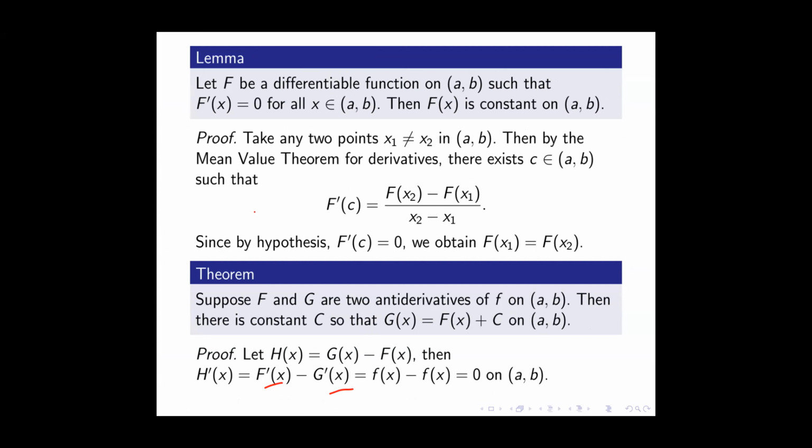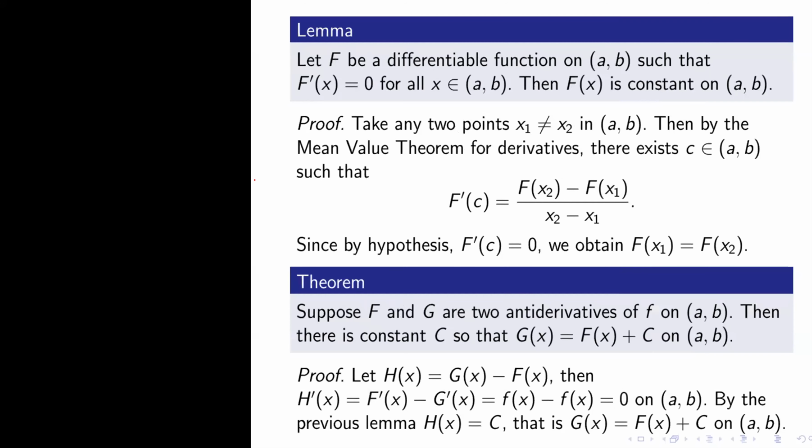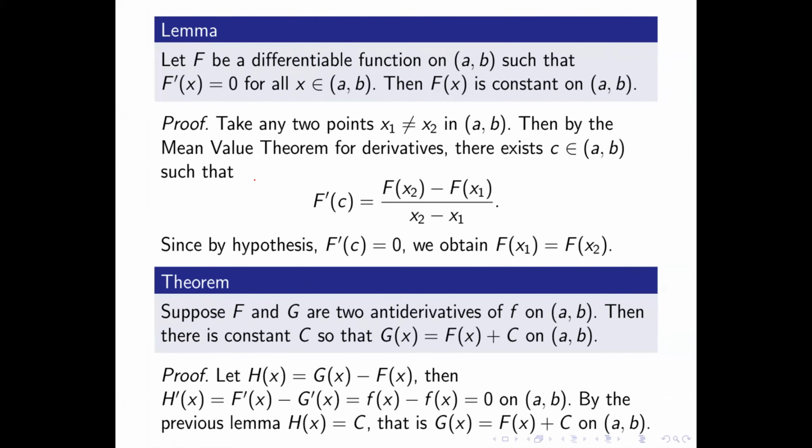Now you can apply the previous lemma and conclude that H is a constant. Therefore, because H is G minus F, you obtain that G is F plus c. Is this clear? Do you have any questions?